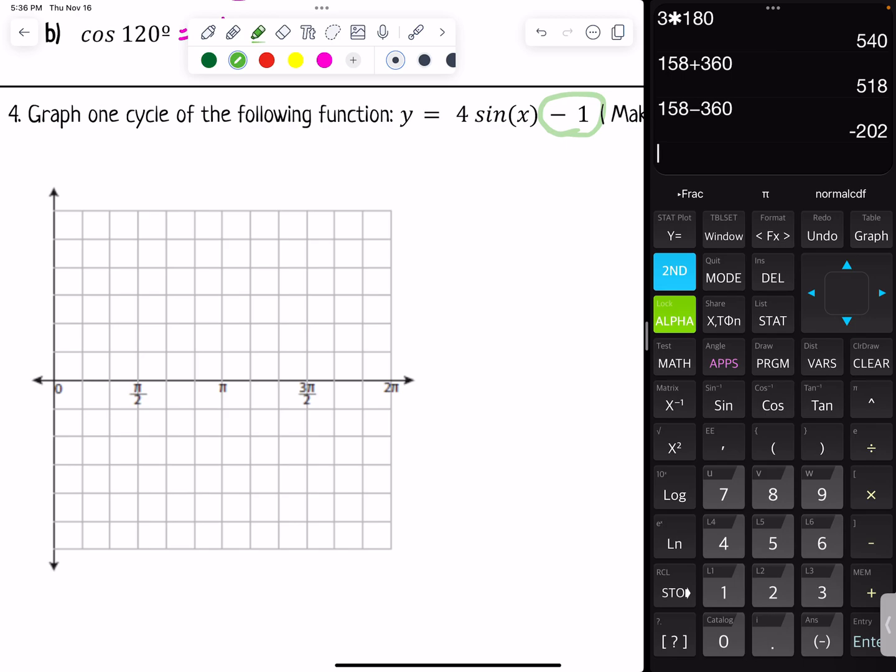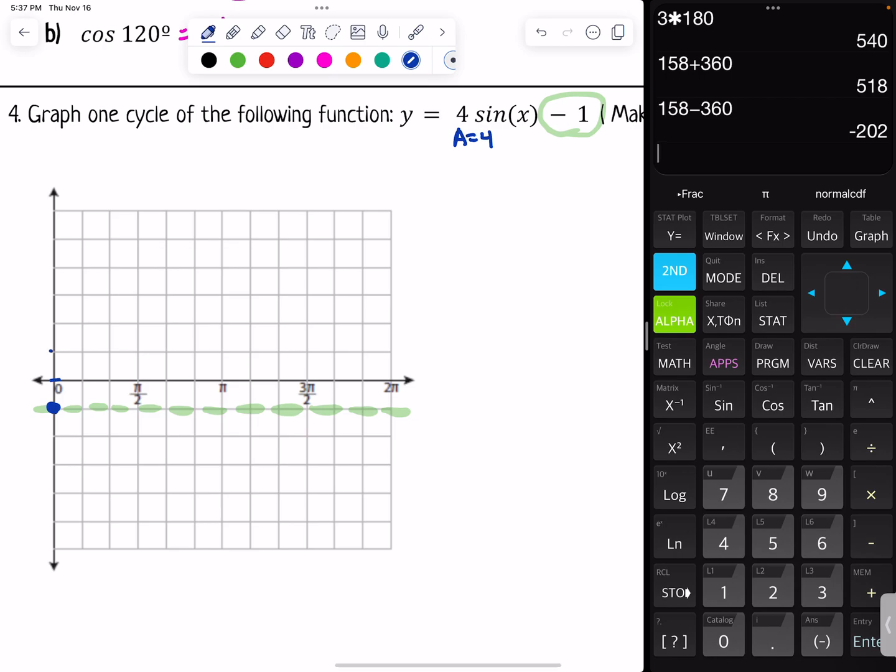So I'm just going to sketch it with a highlighter. So that's my midline. And then sine usually starts at 0, but now it starts at negative 1 because that's where my midline is. And then it has an amplitude equal to 4.